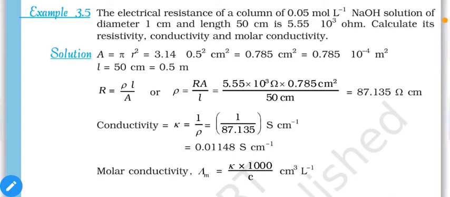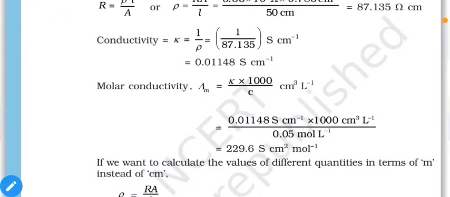So the area of cross section 0.785 is divided by length, as mentioned, 50 centimeters. So rho is equal to 87.135 ohm centimeter. So conductivity kappa is the inverse of rho, so it will be 0.01148, and molar conductivity lambda m is equal to kappa into 1000 upon concentration. So it will be 229.6.